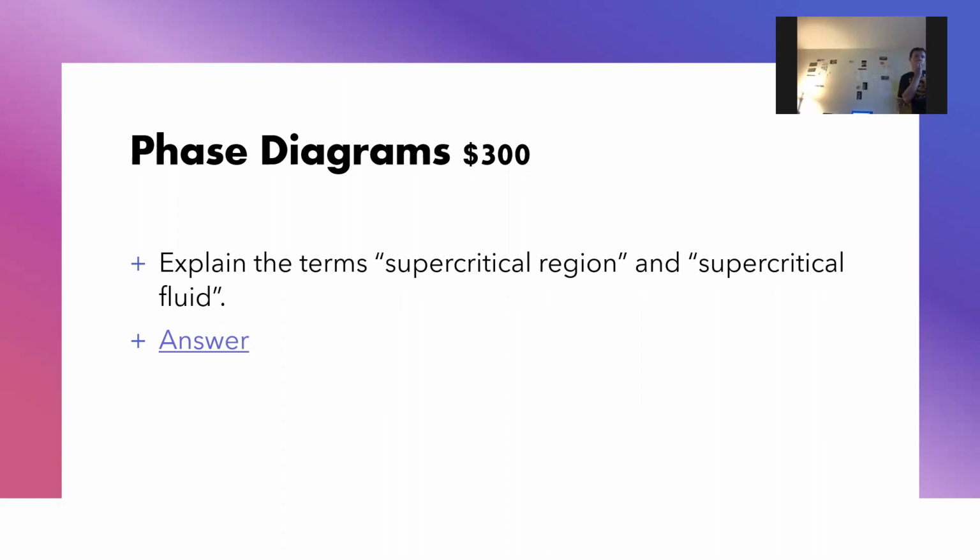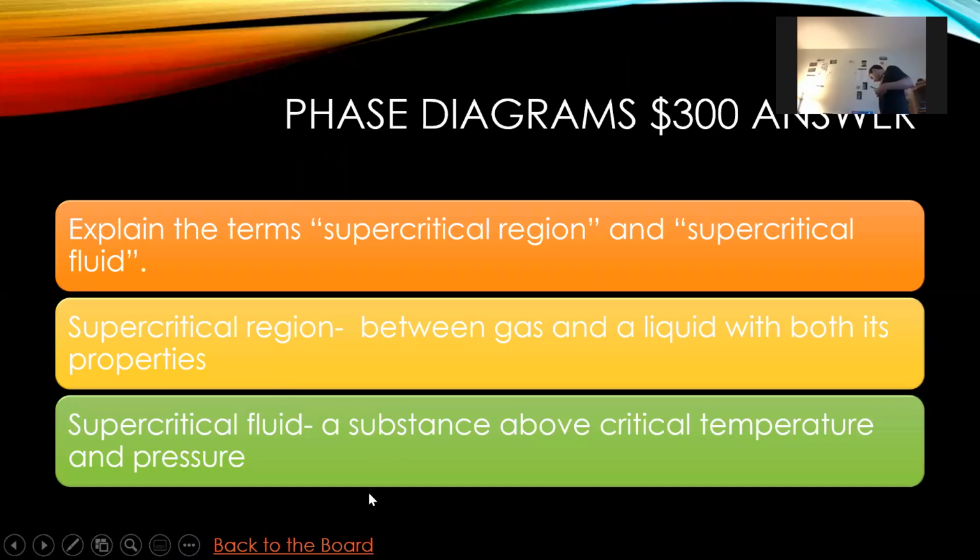Supercritical fluid is a substance above the critical temperature and pressure. Good. Yes, Tetra, good move. You got 300 on phase diagrams, so you're up to 1,200.